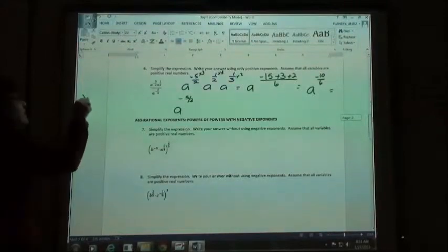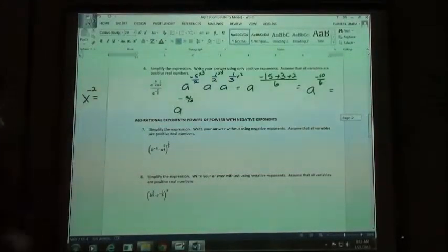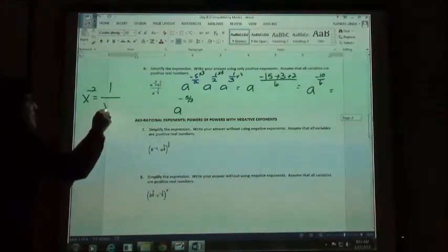Think about when I had just an x to the negative 2. What did I do with x to the negative 2? I wrote it as 1 over x squared, right?